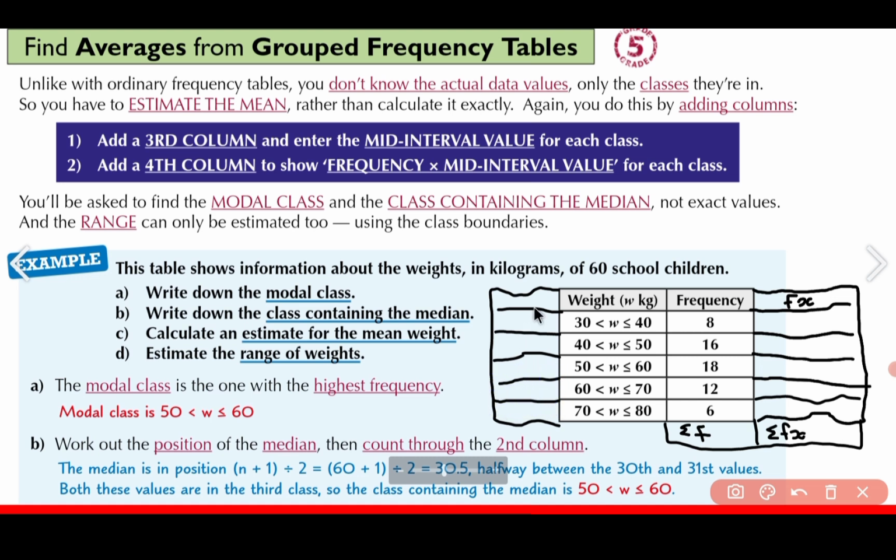This is pretty easy. All we need to do is add 30 plus 40, that's 70, then divide by 2. That gives us 35. Then 40 plus 50 is 90, divided by 2, you get 45.